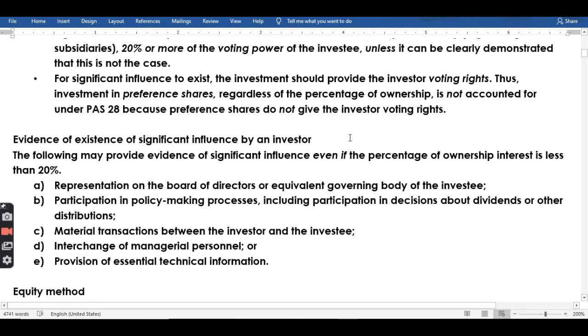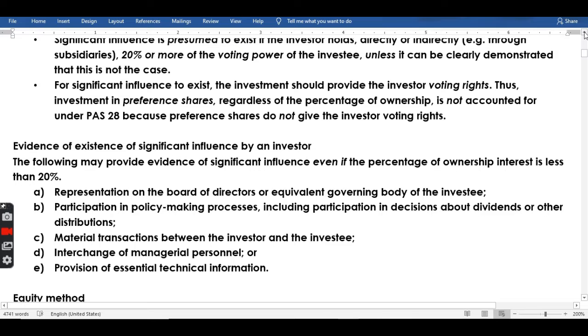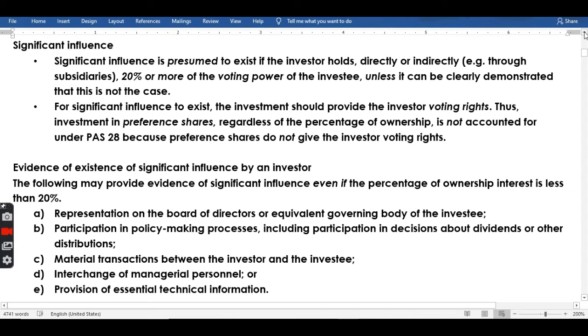Okay? So, ngayon, in order for us to have significant influence, there are actually provisions in our standard na magbibigay sa atin ng idea kung ano ang significant influence. Okay? So, isa dyan yung presumptive or yung ating assumption na yung 20% ownership doon sa voting rights. Okay? Take note voting rights lang.